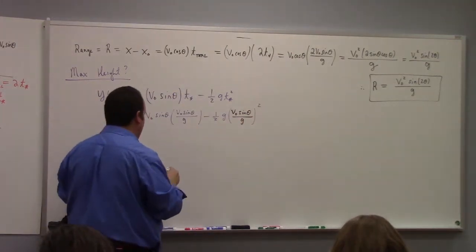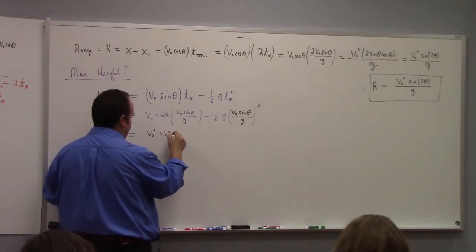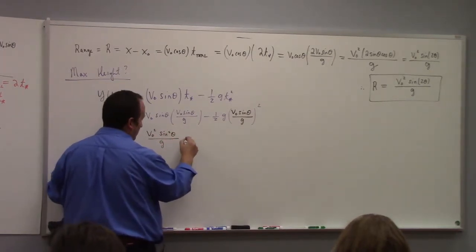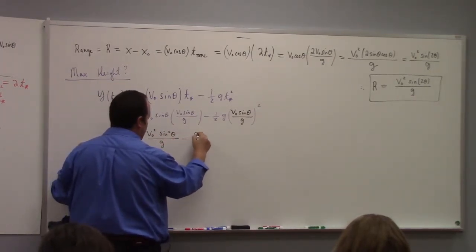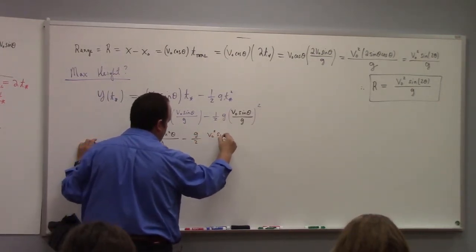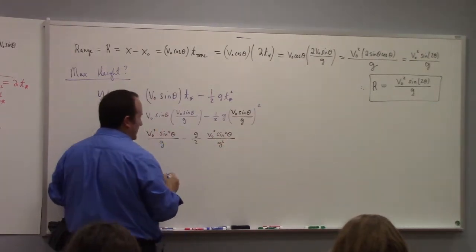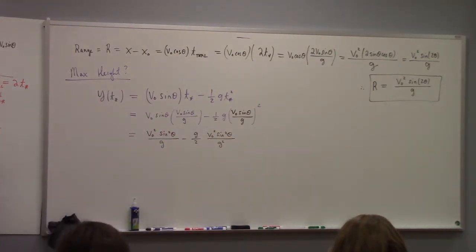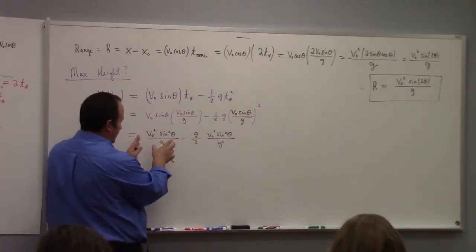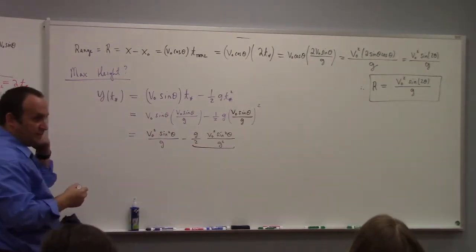We multiply this out. What do we get? We get v naught squared sine squared theta divided by g, minus g over 2 v naught squared sine squared theta divided by g squared. So you see the g and the g squared, they cancel out. And the algebra here is that the second term is actually the same as the first term, just with a half, right?